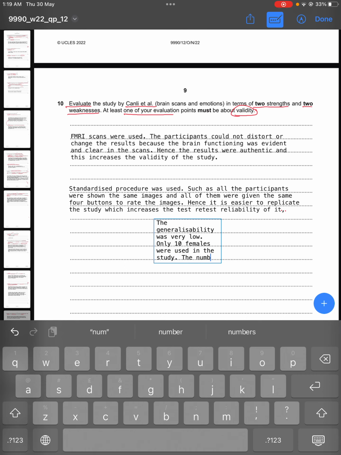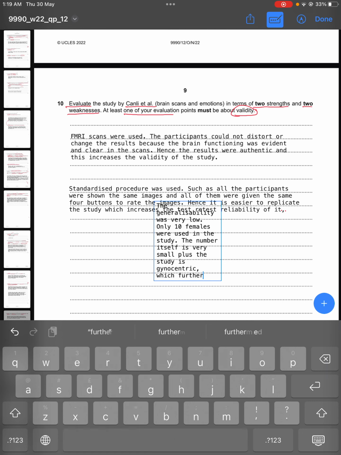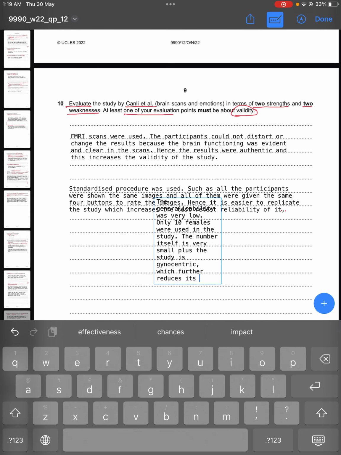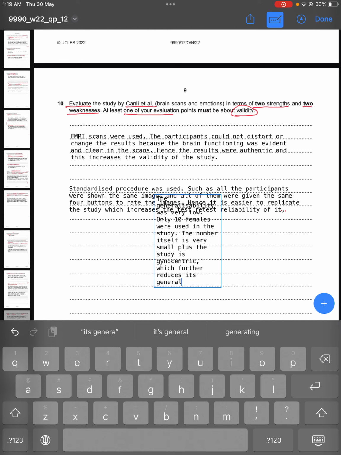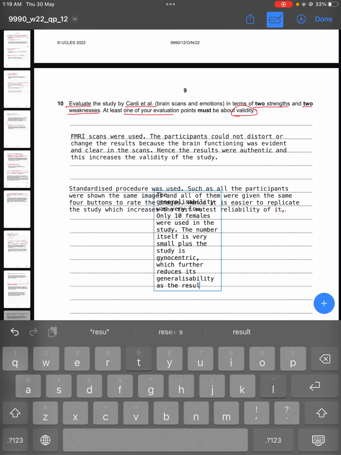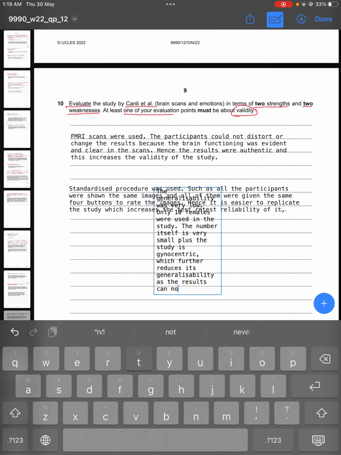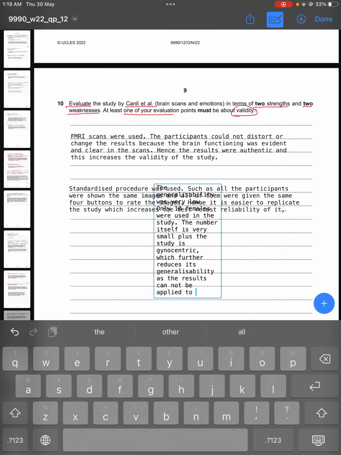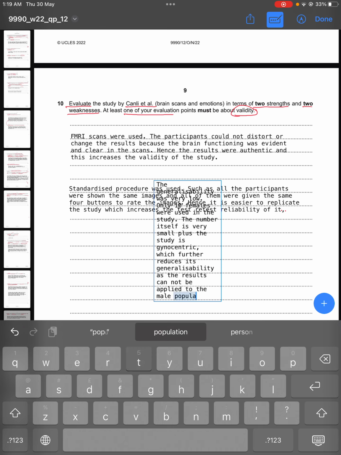The number itself is very small, plus the study is gynocentric because only females are used, which further reduces its generalizability as the results cannot be applied to the male population.